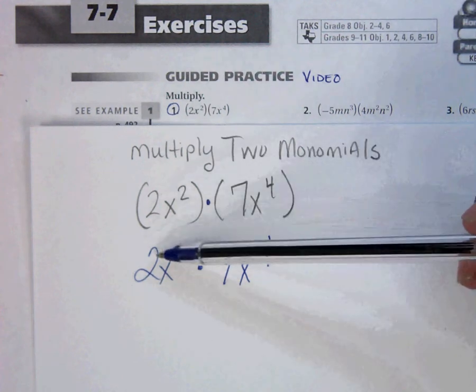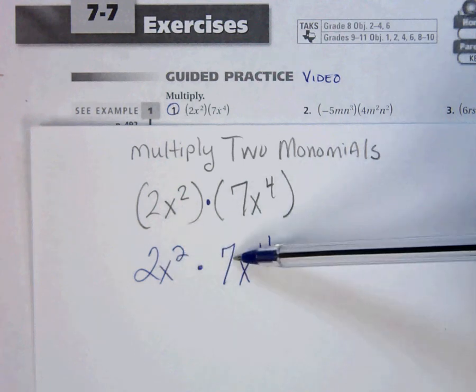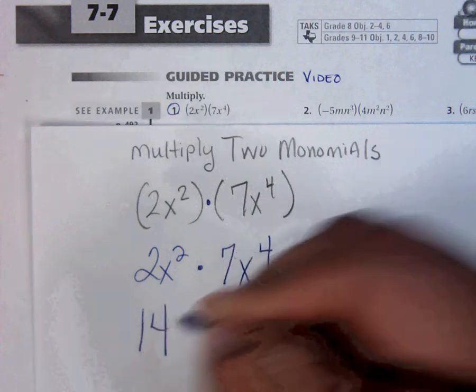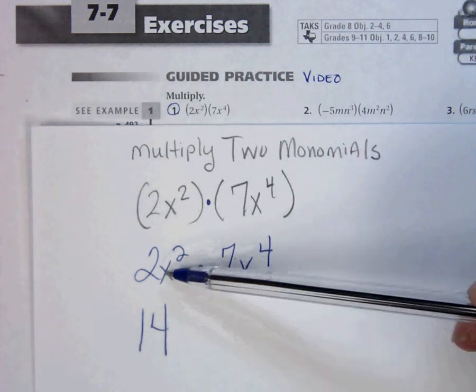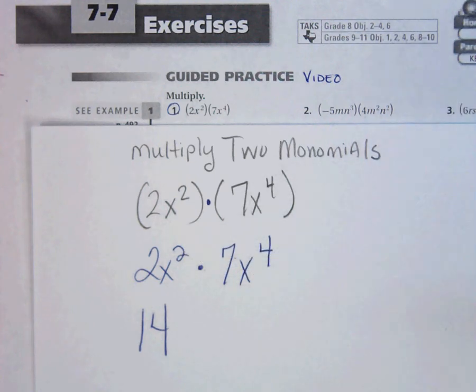So we multiply the whole numbers. 2 and 7 together give me 14. Now let's multiply x squared and x to the 4th. But to multiply them, remember, we went to P-man.